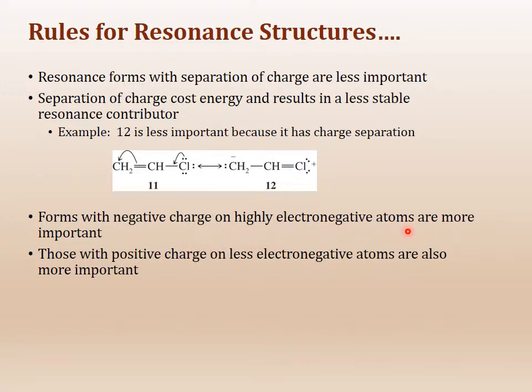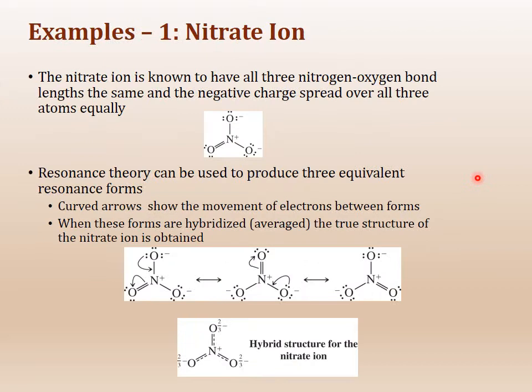So for example, an oxygen can carry the negative charge a lot better than carbon can. So that structure will be preferred. And the positive should be on the less electronegative atom, which means carbon can carry the positive better, not the negative. And so that's how you decide which structure is going to contribute more or less.